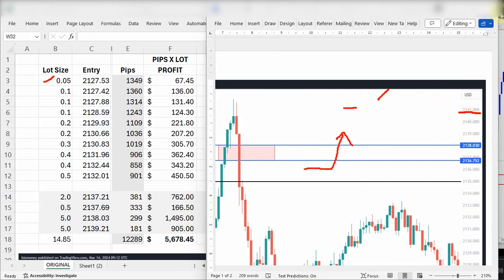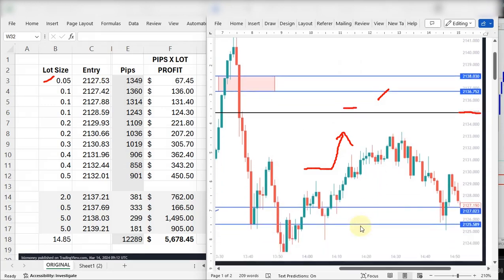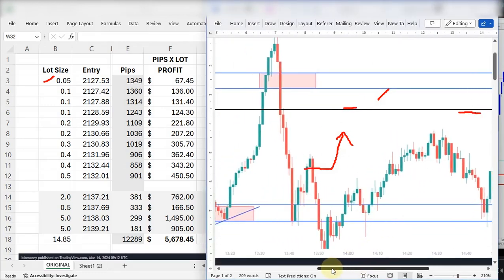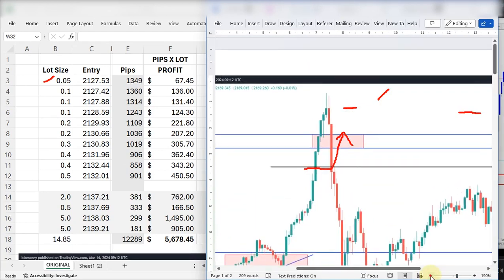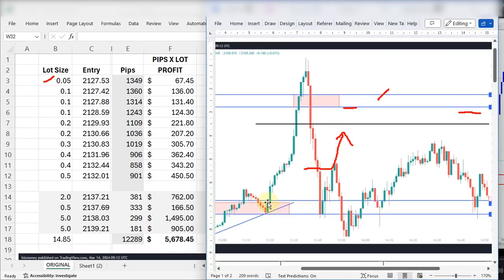So what I did here is to find how many pips altogether she was able to gather from taking the trade from this place to the top. So I was able to calculate her pips from here to the top.